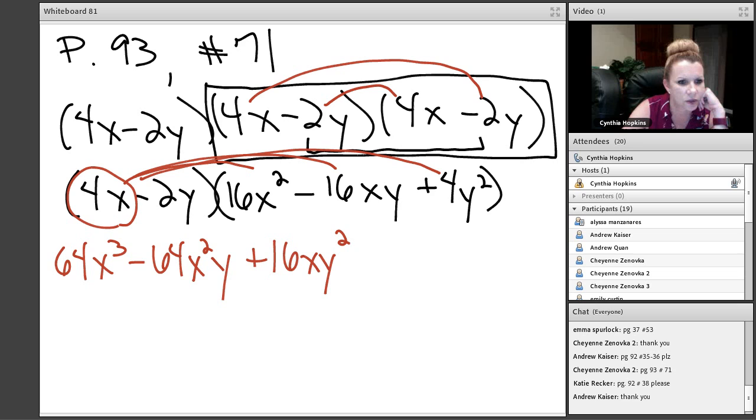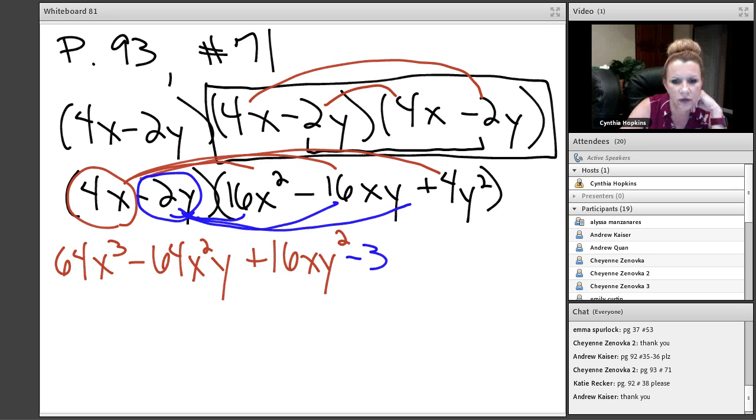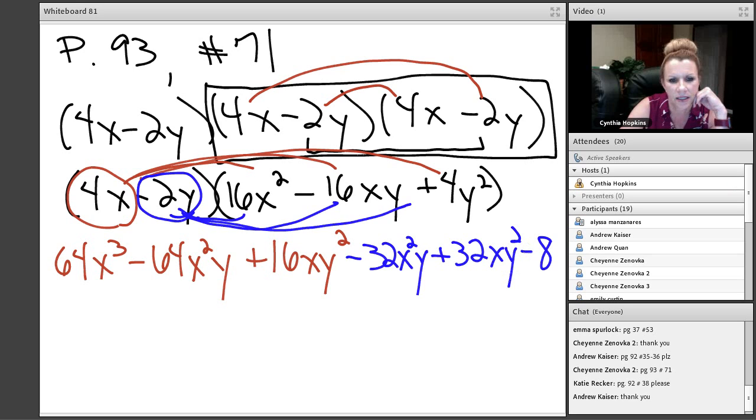Next, let me switch colors to see the different steps. I'm taking negative 2y. Be very careful when you're distributing a negative. I'm going to distribute it to the first, to the second, to the third. I get negative 32x squared y, see, alphabetical order, plus 32xy squared, and then minus 8y cubed.